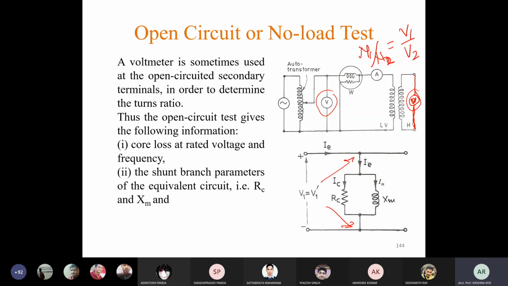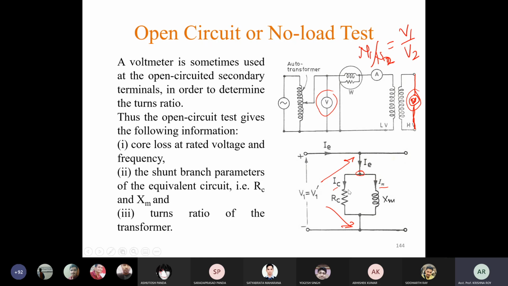IE is divided at this point into two components. One is IC, another is IM. IC is the core loss component, IM is the magnetizing component. RC and XM are the shunt branch parameters of this equivalent circuit. So RC is core loss resistance, XM is magnetizing reactance.